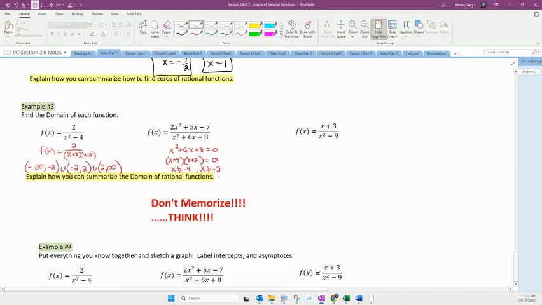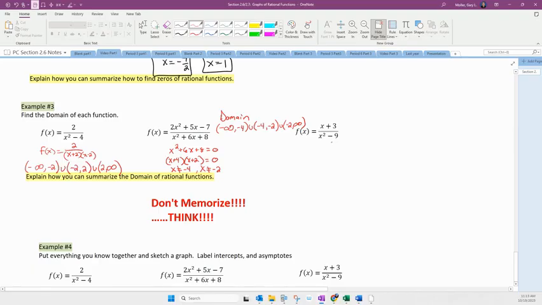Writing this out as a domain, everything but those two numbers, which means we're going to use everything from negative infinity to negative 4, not including either one. We're going to pick it up at negative 4 and go all the way to negative 2. And then pick it up at negative 2 and go to infinity.